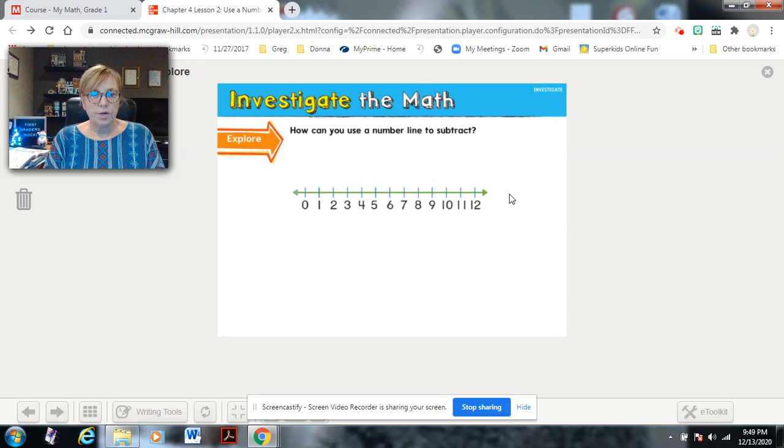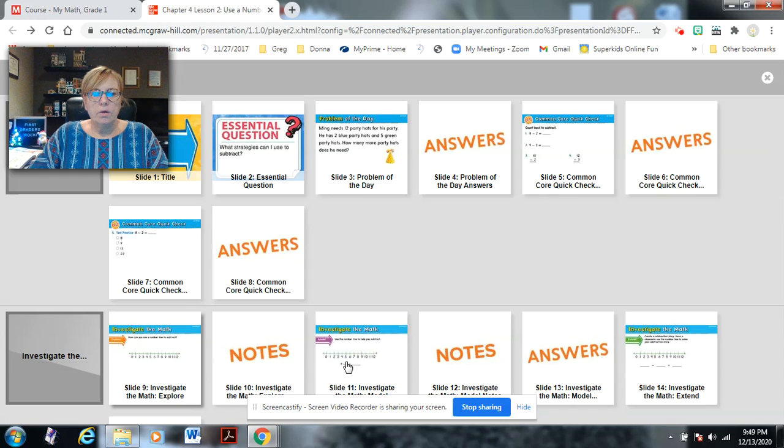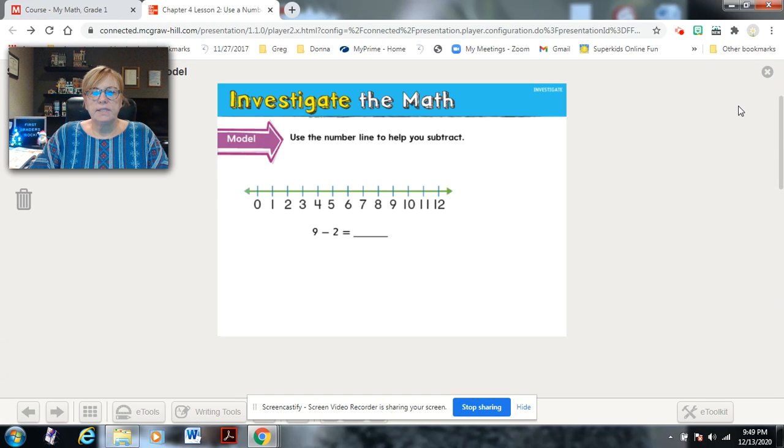Right, that shows our numbers and we can count back. Very good. Okay, so let's look at our investigation of using a number line to subtract. Okay, so here they have a math sentence. 9 minus 2 equals. Well, we've already done one strategy of counting back.